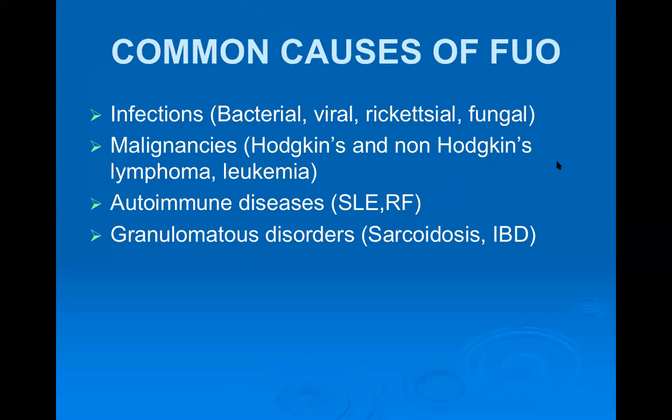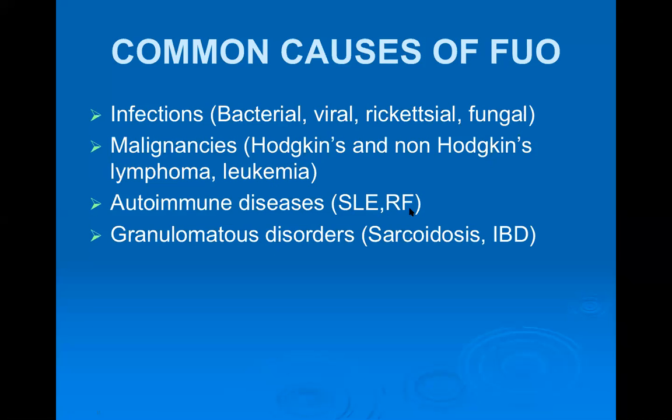Regarding the other causes, some malignancies, if they are present in the body, can also lead to prolonged, undiagnosed fever, like leukemia and lymphoma. Autoimmune diseases, SLE and rheumatoid arthritis or rheumatic fever, both. This is rheumatic fever, okay, RF.